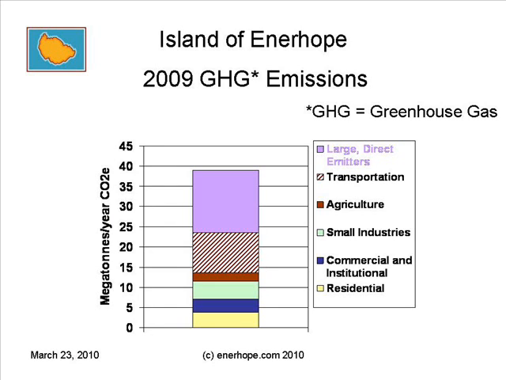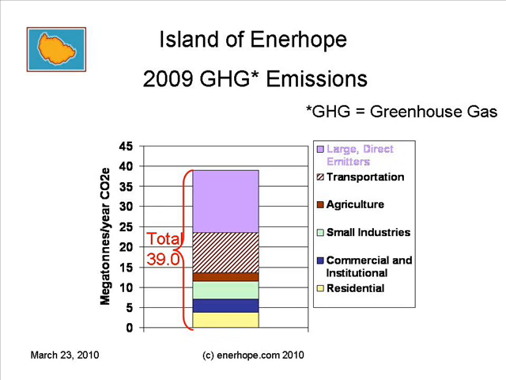Here is Enerhope's 2009 inventory of greenhouse gas emissions. In 2009, Enerhope emitted a total of 39.0 megatons, that's 39 million tons, of greenhouse gas equivalent.